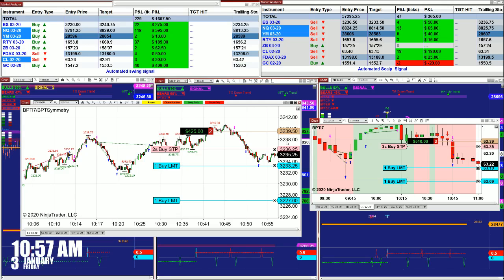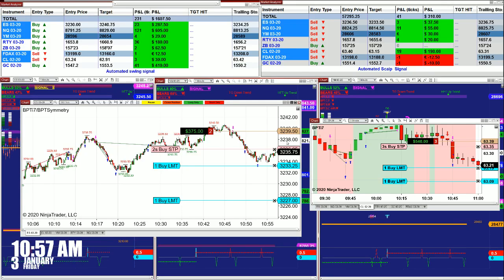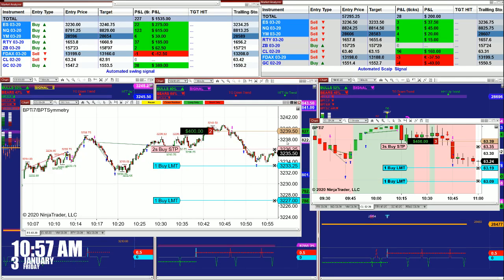It takes one trade and you're done for today. So on 2 contracts, always think this way: 2 contracts, $500 target per instrument. 4 contracts, $1,000, and then you're done. Let's see how the ES is going to play this one.